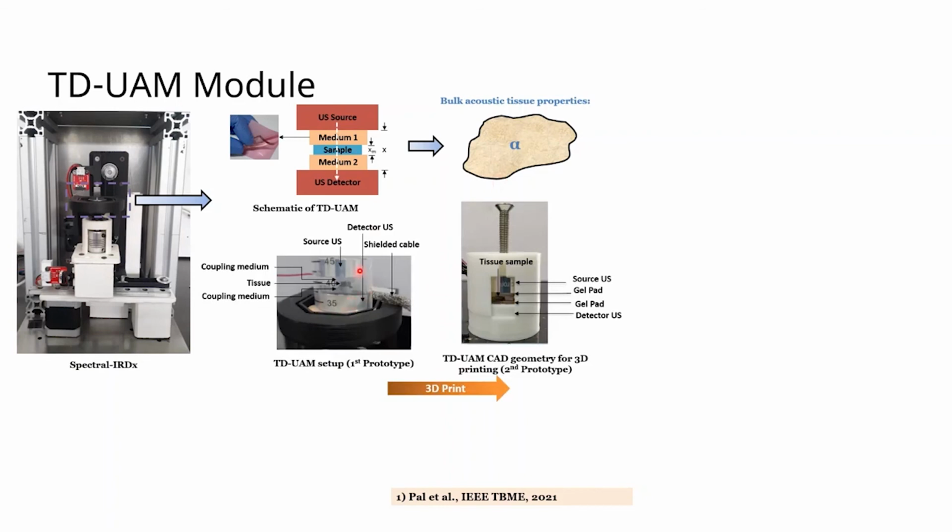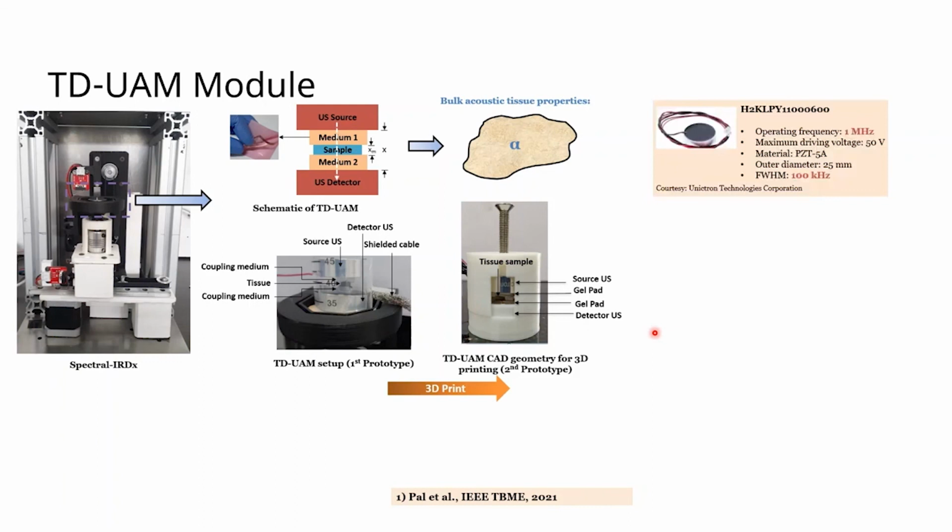We place the ultrasound transducer, then we have the coupling medium, then the tissue, again the coupling medium, and then the ultrasound detector. We then 3D printed the design as you can see over here, which is now a more sophisticated design.